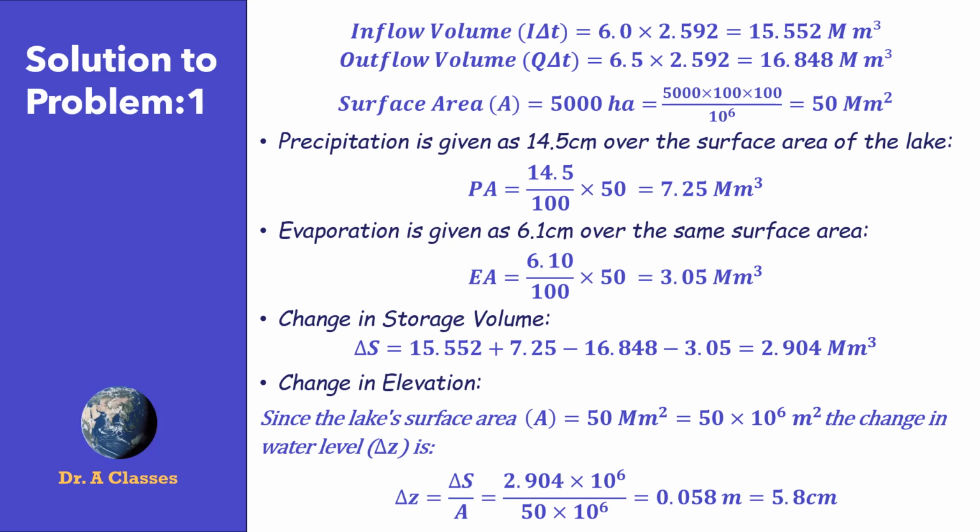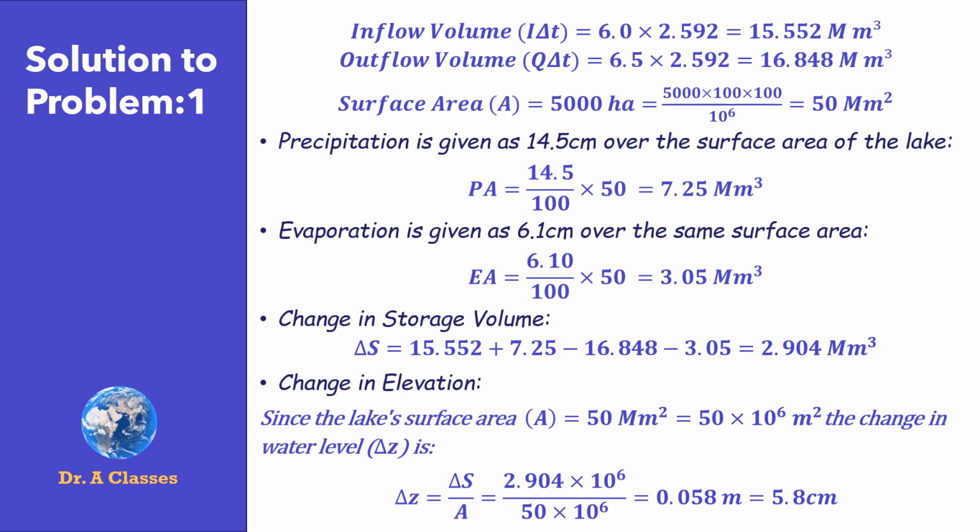Change in storage volume is calculated by adding inflow volume with the total precipitation minus outflow volume plus the total evaporation. So the value comes to 2.904 million meter cube.